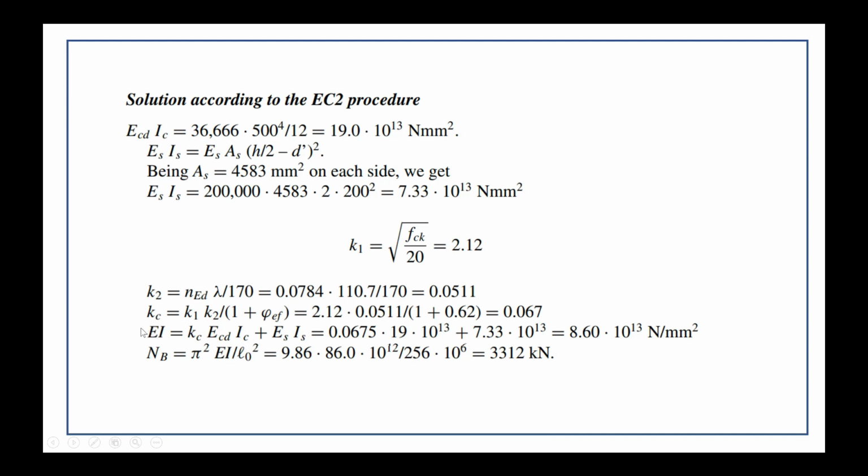EI is the final value of EI calculated from Ecd, Ic, Es, and Is, combining the stiffness of the concrete with the stiffness of the rebar in the section. The critical load is equal to 3,312 kilonewton.